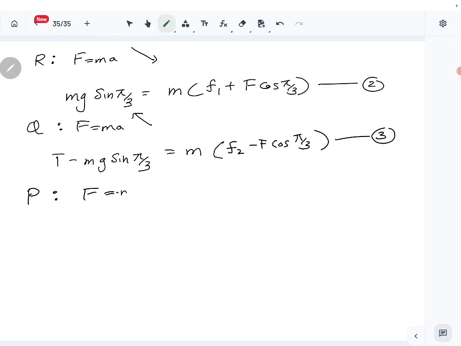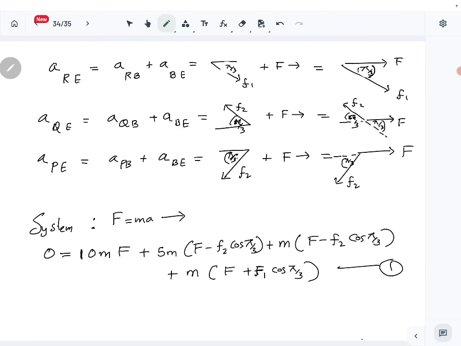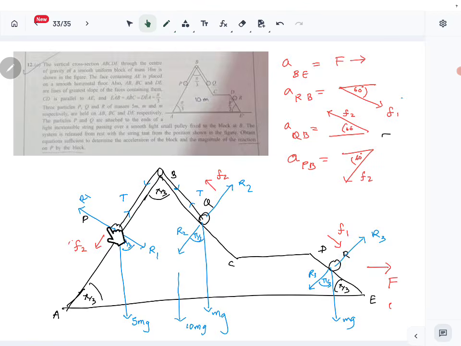Then particle P. F equals ma along the plane down. So this one, 5mg sine pi over 3 down positive and tension is negative.